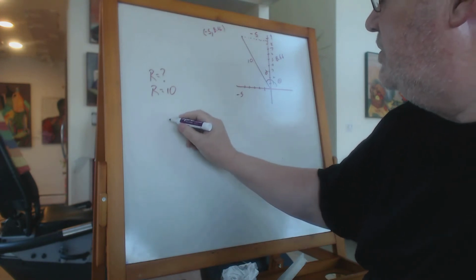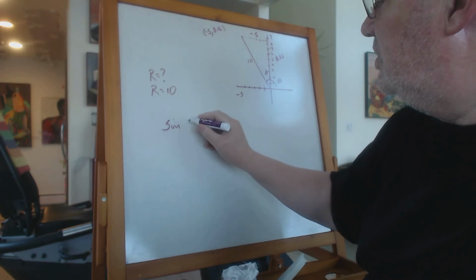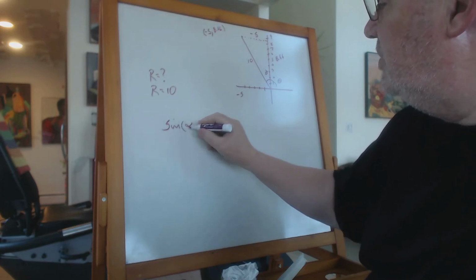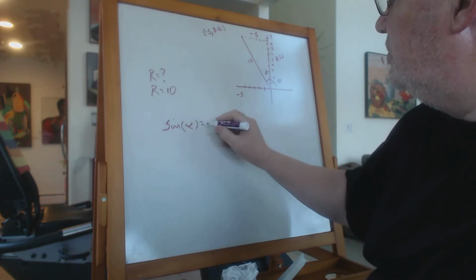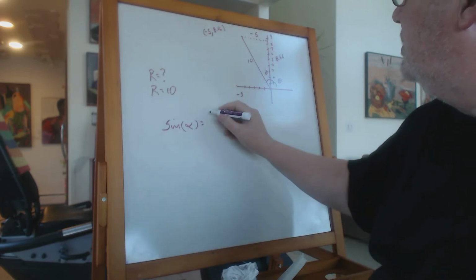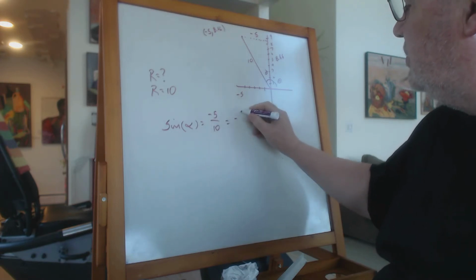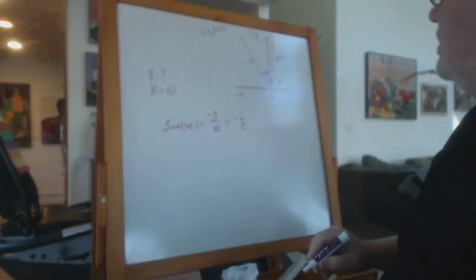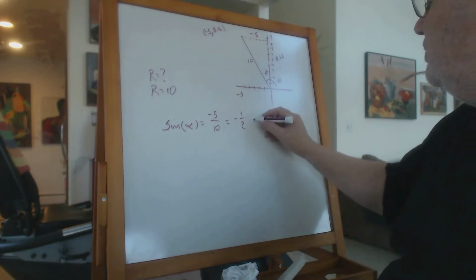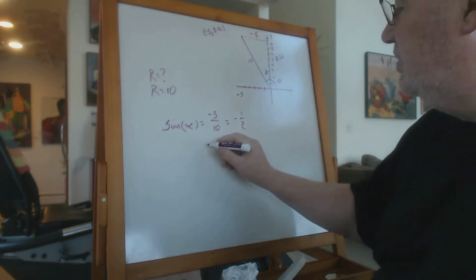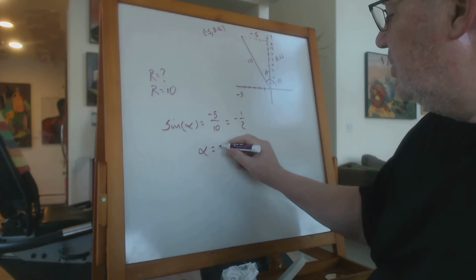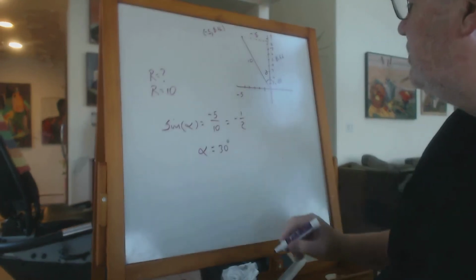Sine of alpha is equal to -5 over 10, which is -1/2. So that's 30 degrees. Alpha is equal to 30 degrees.